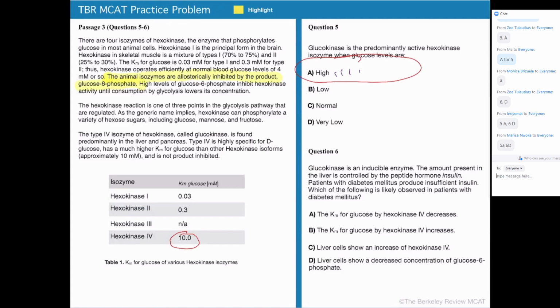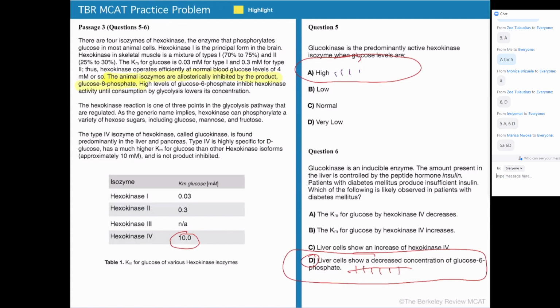You guys got a bunch of D's. Great. Again, this is good. Liver cells are showing a decreased concentration of glucose 6-phosphate. And this is exactly what happens to patients with diabetes, right? Insulin promotes glucokinase production.